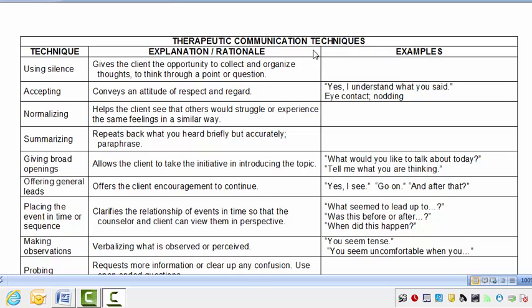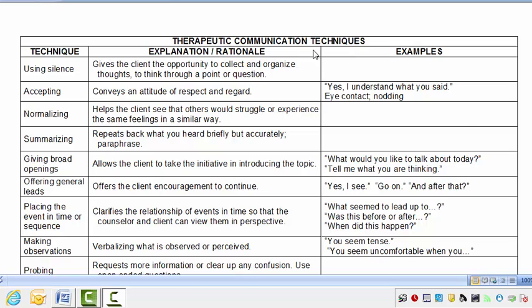So what would you like to talk about today is a really good broad opening. Tell me what brought you here today. Basically, I'm here to listen to you and talk about anything that you want to talk about. All good broad openings.